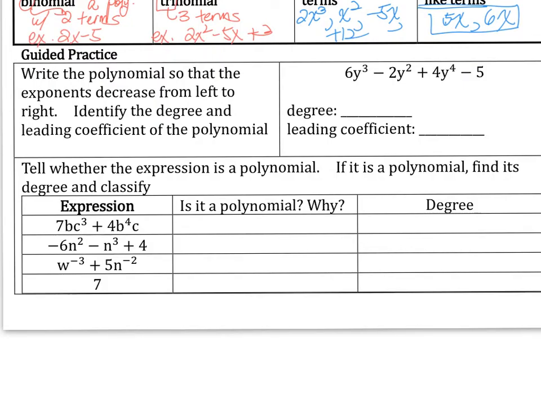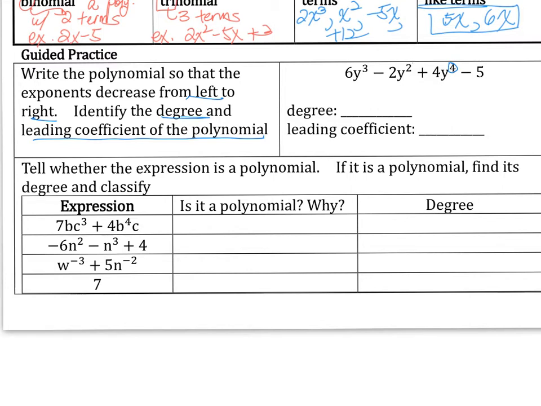Guided practice. Write the polynomial so that the exponents decrease from left to right. Identify the degree and the leading coefficient of the polynomial. So here, when I look at this polynomial, I see that 4 has the greatest exponent.